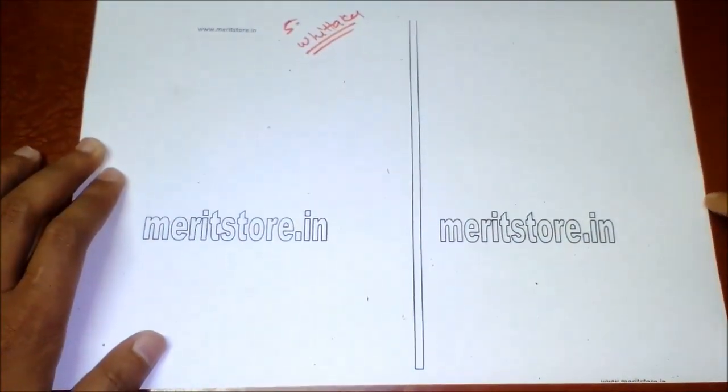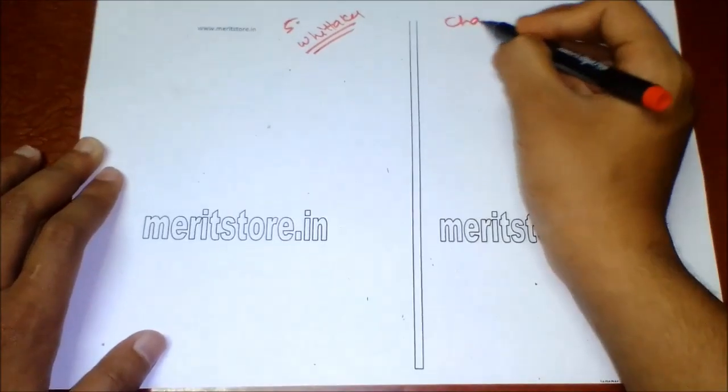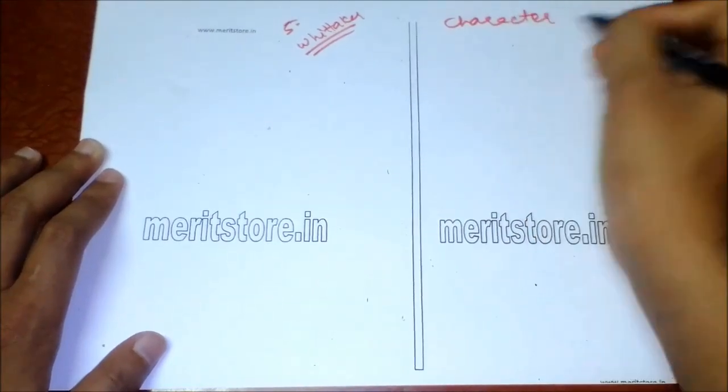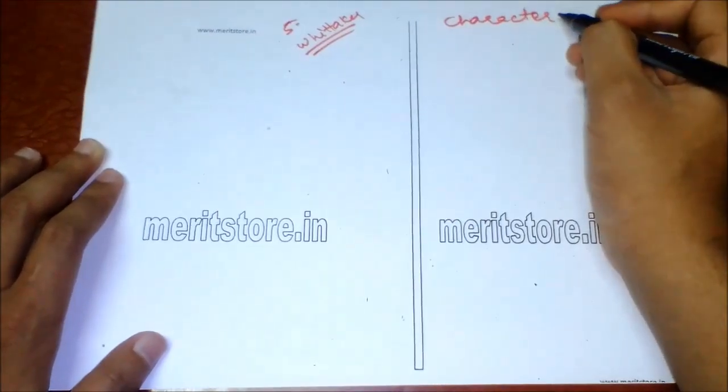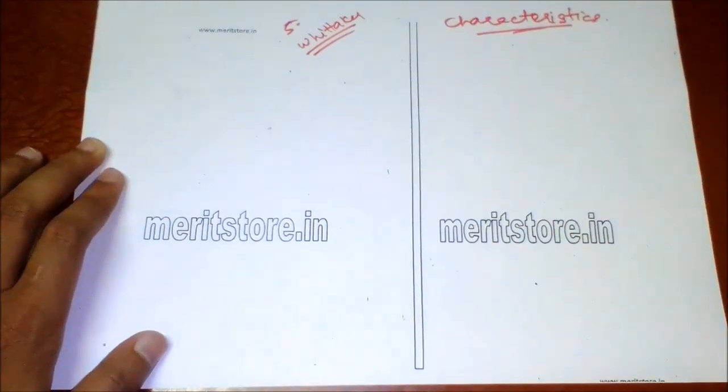Who gave the 3 kingdom classification? The year in which Whittaker gave the 5 kingdom classification, you have to remember. And the difference between the characteristics is important, which most of the students forget. So characteristics of 5 kingdoms are important. You can make a table and remember it.